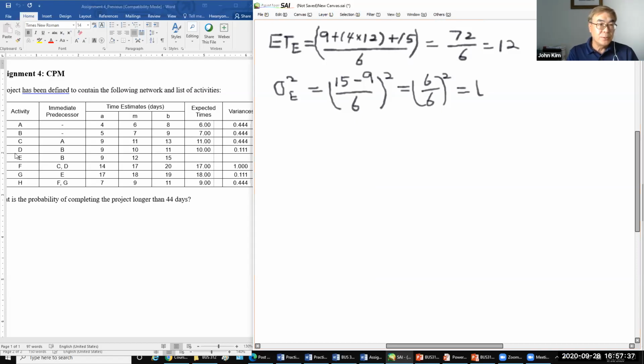Using activity and immediate predecessor, draw a network diagram. A and B don't have an immediate predecessor, so A and B are the starting points. A expected time is 6. B is 7.